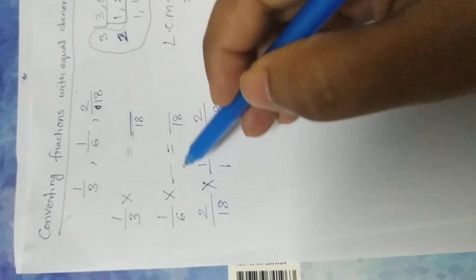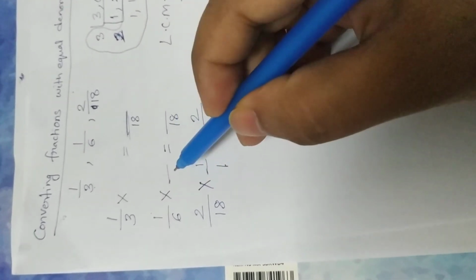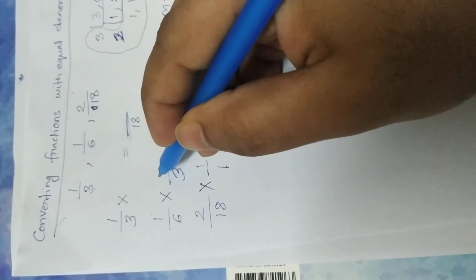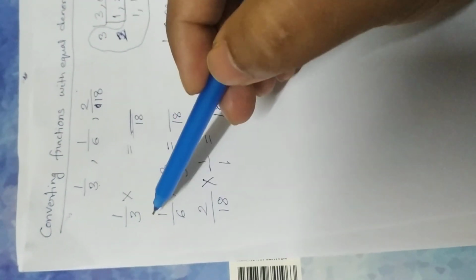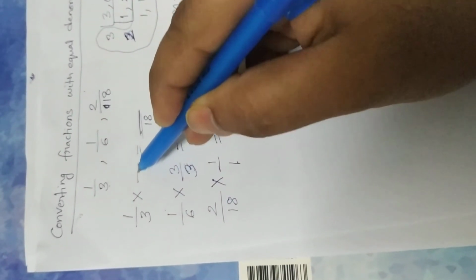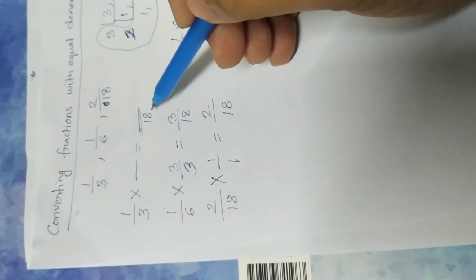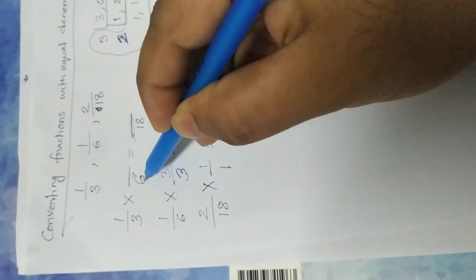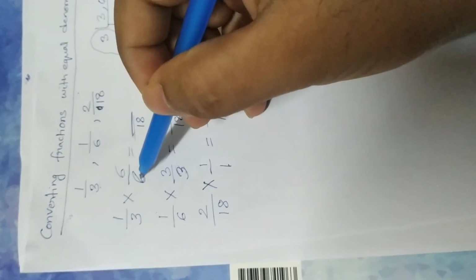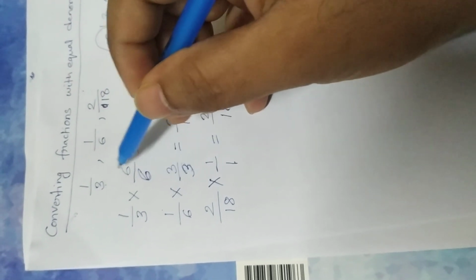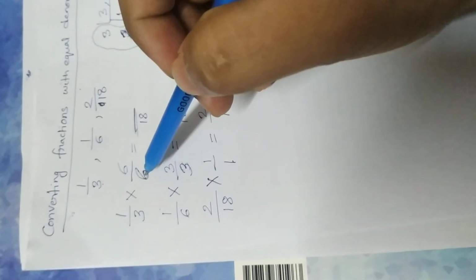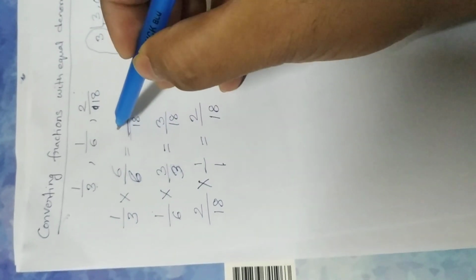Similarly, 6 into what is 18? 6 into 3 is 18. So we write 3 over here, and this 3 we also write in the numerator. So 1 into 3 is 3. Similarly, 3 into what is 18? 3 into 6 is 18, right? So we multiply the numerator also with 6, so it becomes 6 by 18.